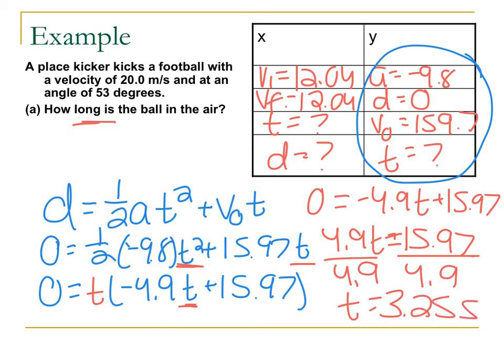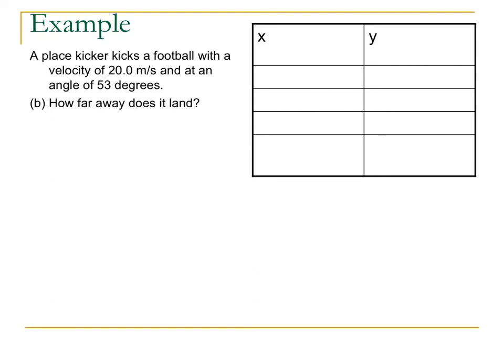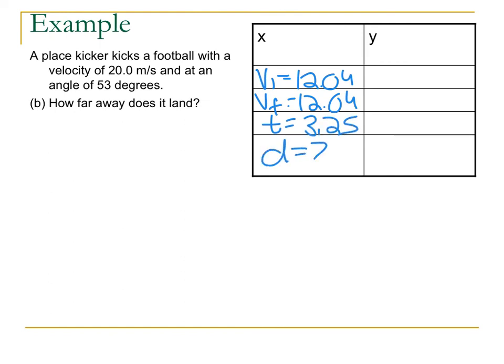Awesome. All right, so now we're going to focus on our x, and we are going to be solving for how far the ball travels. So let's write in our variables, just worry about them in the x direction right now, or just use the t-chart that you already have. So Vi equals 12.04, V final equals 12.04 as well. My time I determined in my previous problem, and I'm looking for my distance.